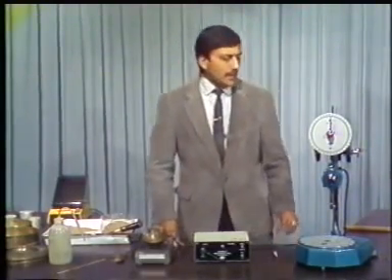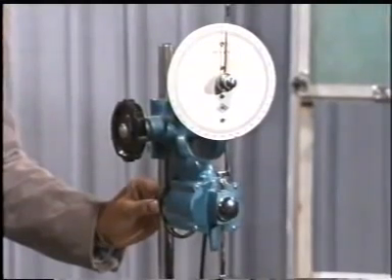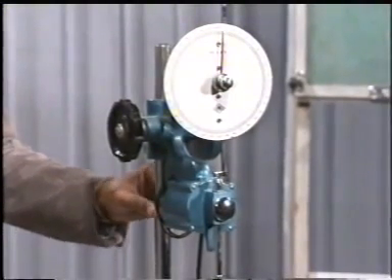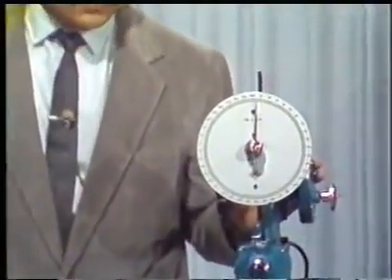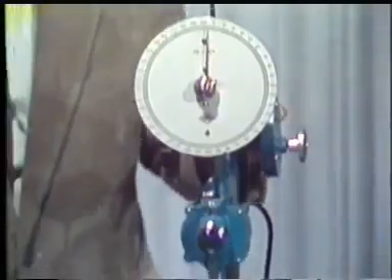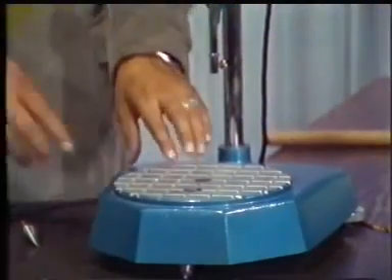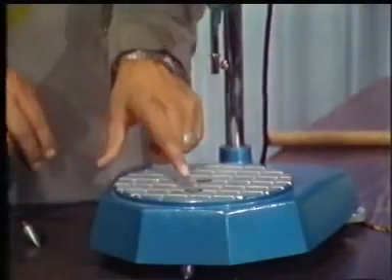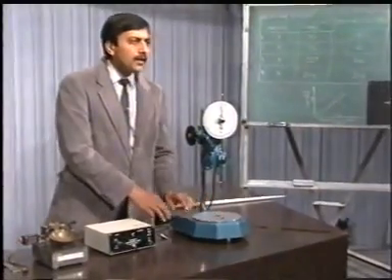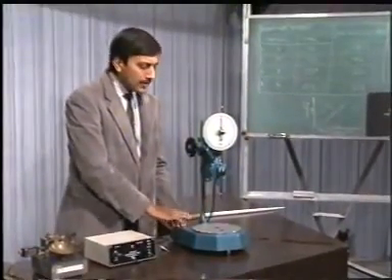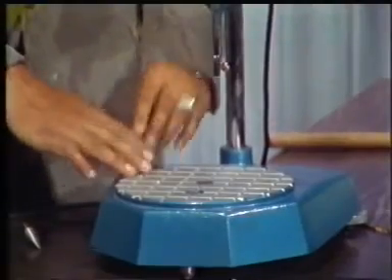Another method which is used for determination of liquid limit is the cone penetrometer method. Now let us first see what is the equipment required for determination of liquid limit by the cone penetrometer. This is the cone penetrometer. It has a base, a spirit level to check the horizontal of this base.